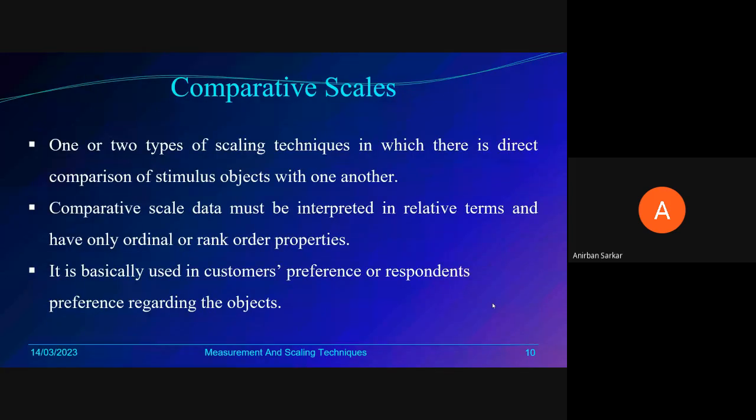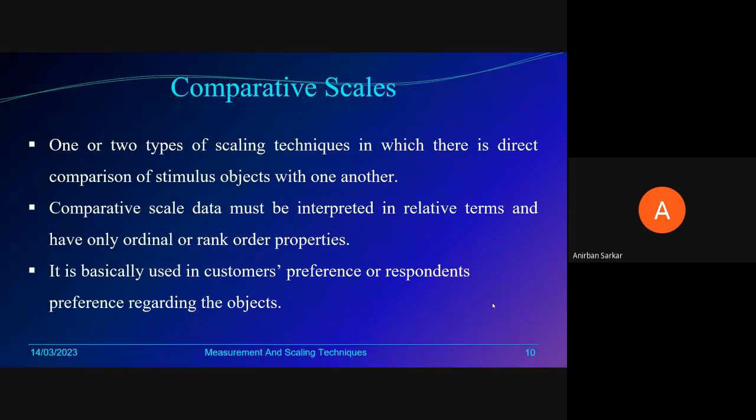So what is comparative scale? It is one of two types of scaling techniques in which there is direct comparison of stimulus objects with one another. Initially I mentioned that you have to identify objects and the characteristics of the objects. When you are trying to compare between different objects, you are using the comparative scaling technique.